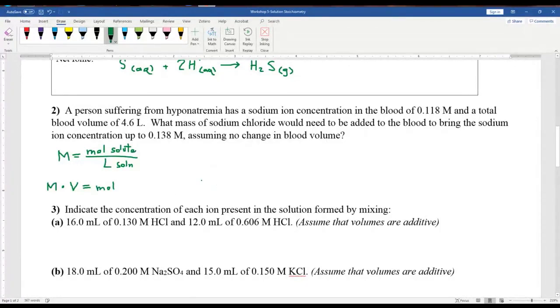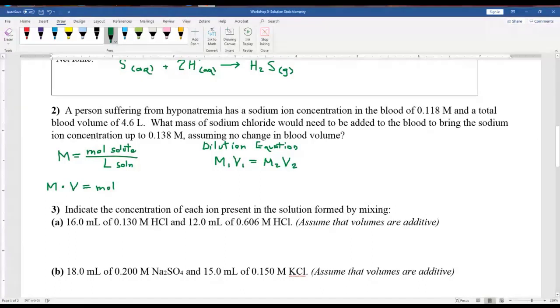So that recognition gives us the dilution equation, and it has some related equations that are useful as well. The dilution equation is M1 V1 is equal to M2 V2.